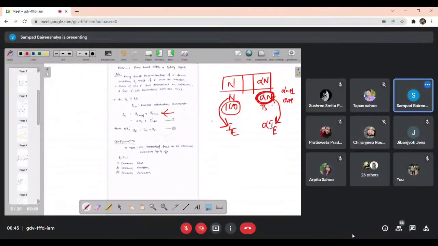Yes or no? That's why I mentioned alpha IE plus minority. So the minority current is named ICO. Is that clear?